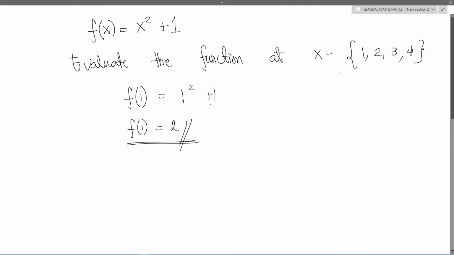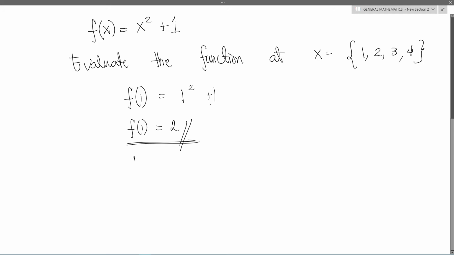If the problem becomes something like this, what you will do is simply replace this variable with each corresponding value from this set of values. So after solving for x is equals to 1, you will solve for x is equals to 2.